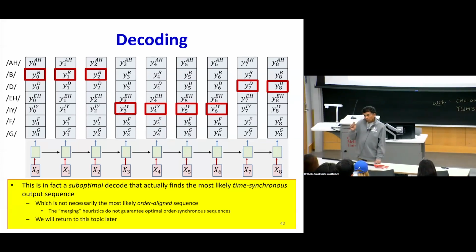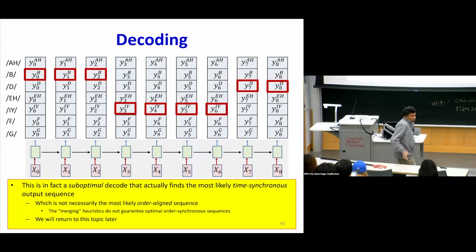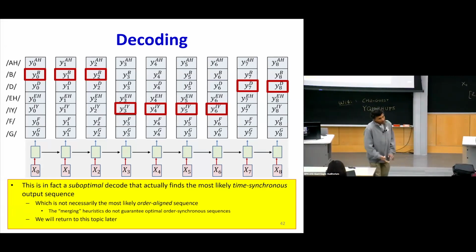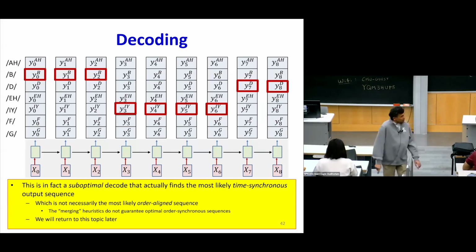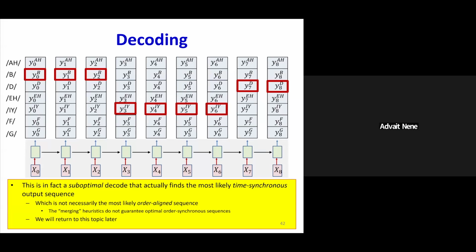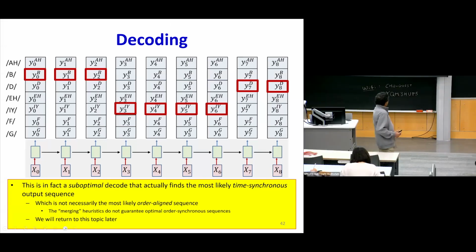So will picking the most likely symbol at each time and then eliminating repetitions necessarily give me the most likely short sequence? Anyone? No. Okay, why not? We'll get to that later, okay? The answer is indeed no.